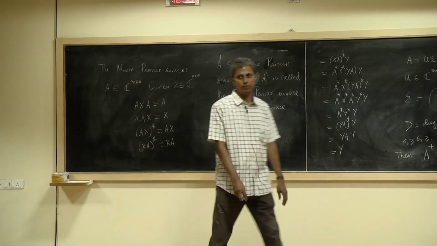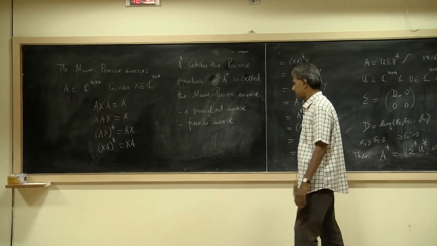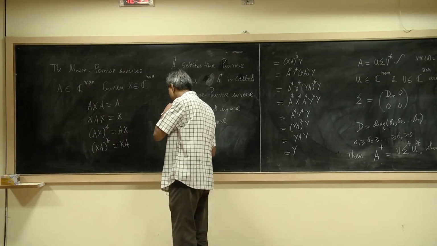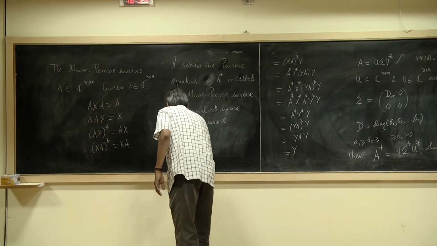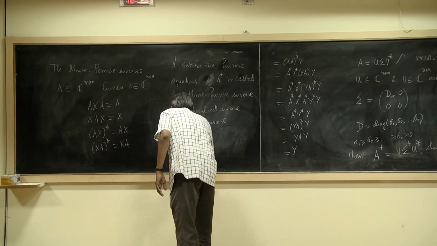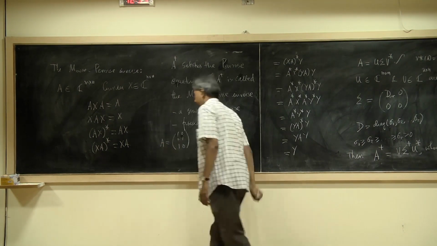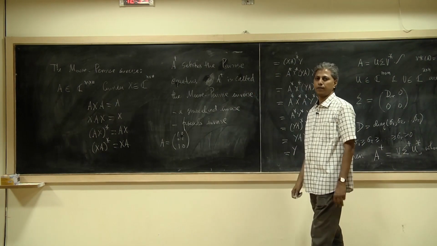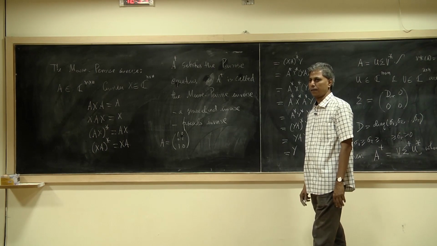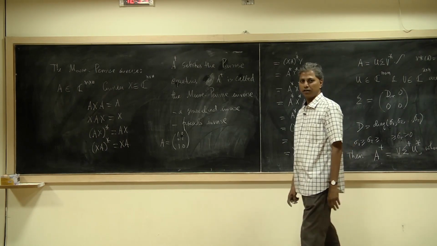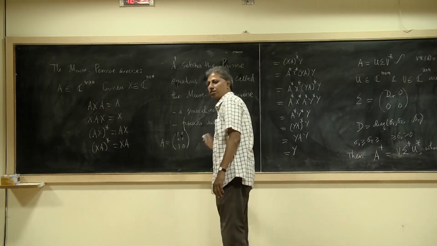Okay. If you want some quick examples, let's take A to be 1 0 1 0 1 0. See, here the columns are linearly independent, and so A transpose A is invertible.